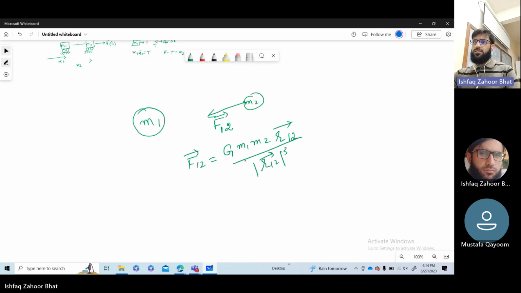So you can see that this force of attraction we could write in terms of the position vector. So this force was a function of r.